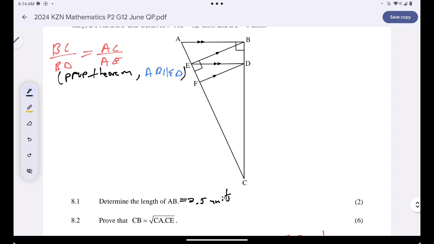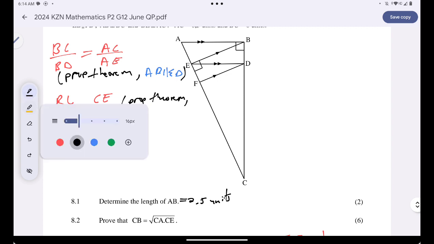Okay, secondly, I know that BC over BD is also equal to CE over EF. Same thing applies here. It's the proportionality theorem. Are you together?